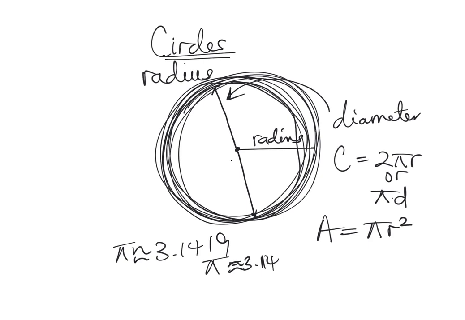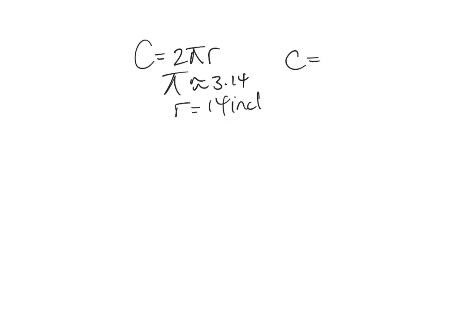So that is the introduction to circles, and then they ask you to find the circumference of a circle. Next to example 9, let's try a few problems here. 2 pi r is the formula, and pi is approximately 3.14. They gave you the radius as 14 inches.